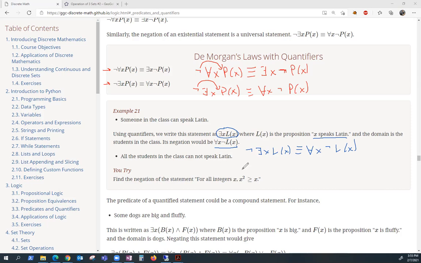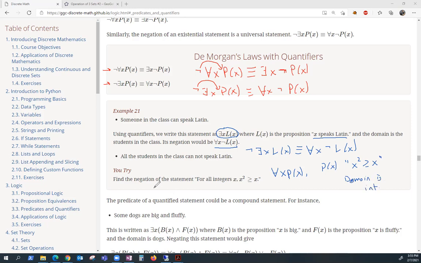Okay, here's an example that we're going to do. Find the negation of the statement: for all integers, x squared is greater than or equal to x. Well, this is in symbolic logic for all x, p of x, where p of x is the statement x squared is greater than or equal to x, and the domain is the integers.